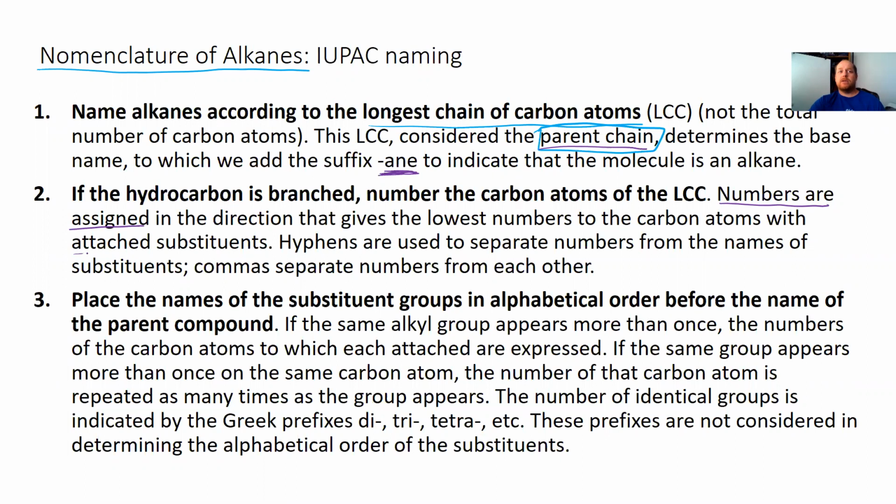So basically you want to ask, where is an attached substituent? When I say a substituent, we're talking about the branch. So that word there is a branch, basically. It can also be a functional group later on.